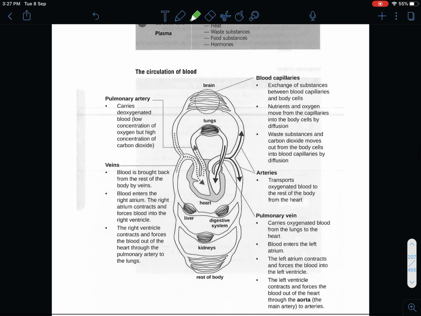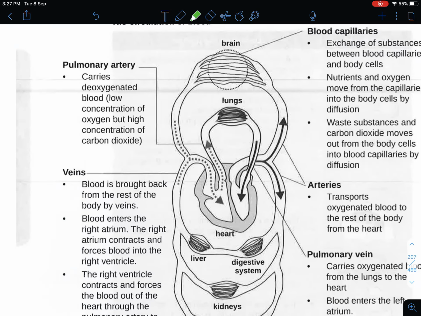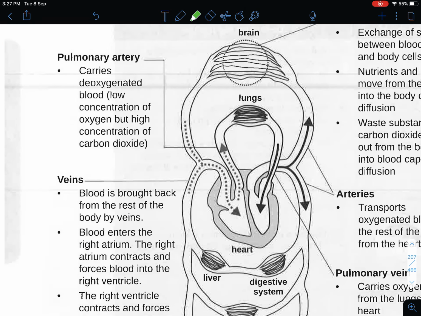So the whole circulation of blood comes in together in this way, whereby there is the pulmonary artery that carries blood from the heart to the lungs. But do take note that the blood that is transported from the pulmonary artery is deoxygenated.